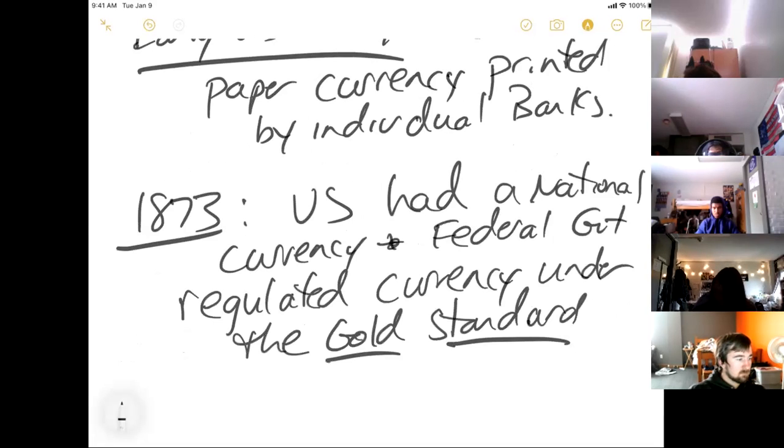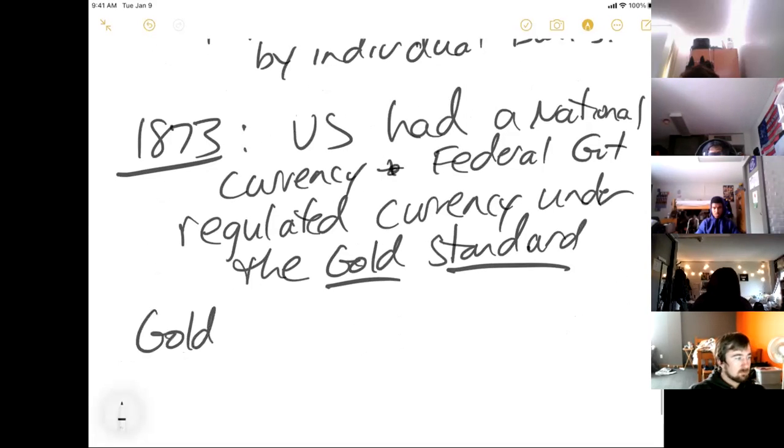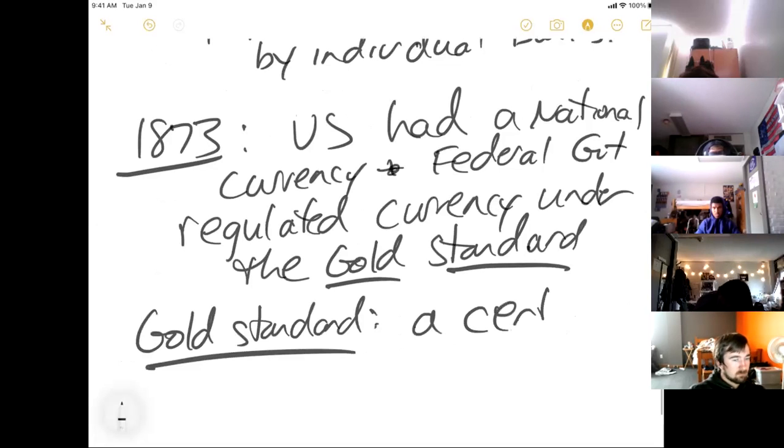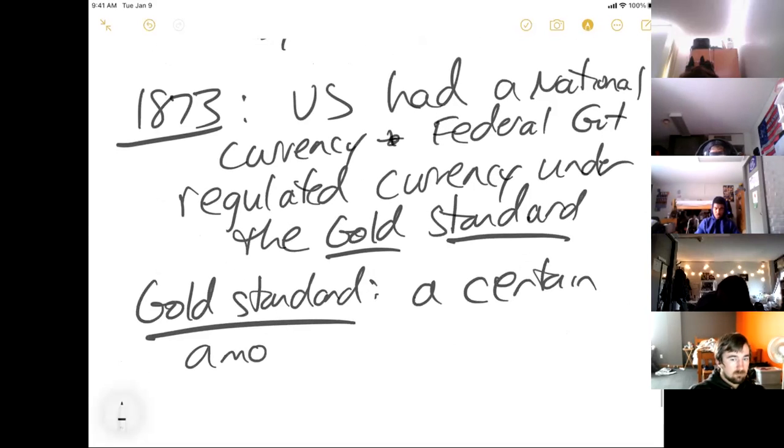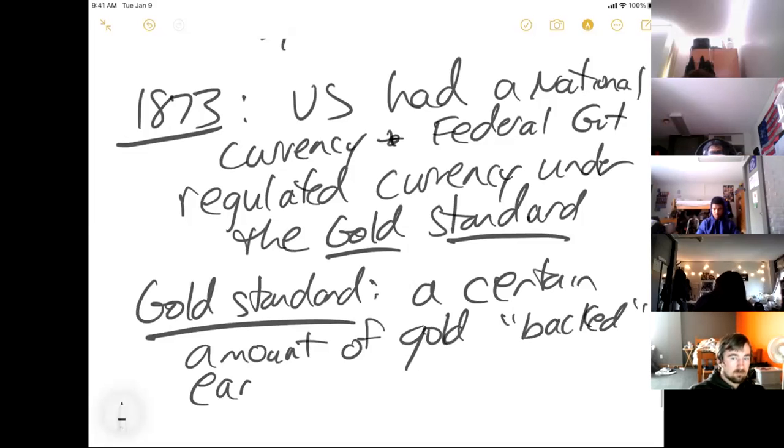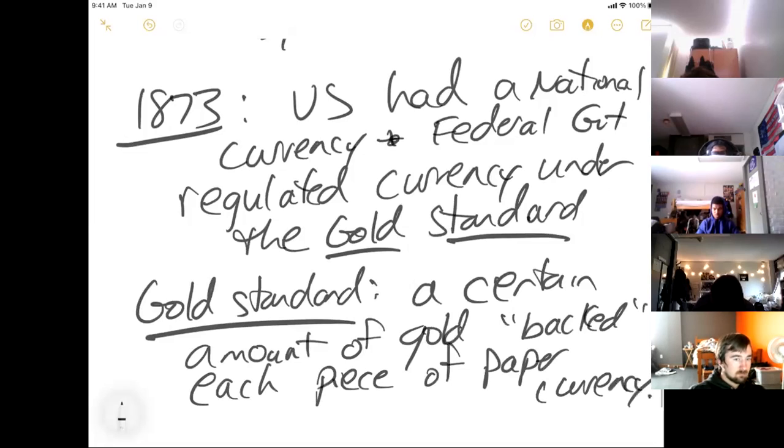And how a gold standard worked was simply a certain amount of gold backed each piece of paper. So these pieces of paper actually represented claims to a certain amount of gold that was held at a national bank.